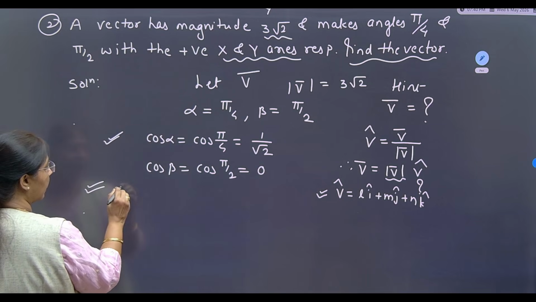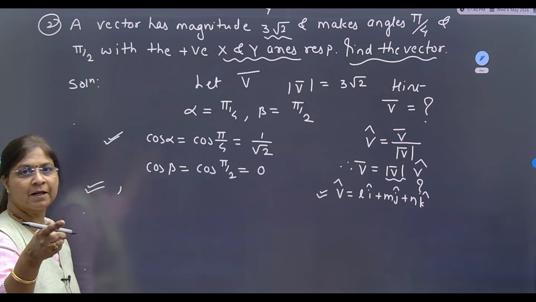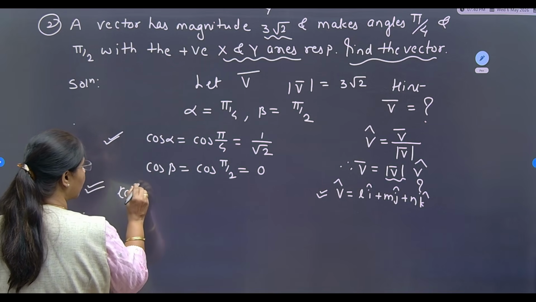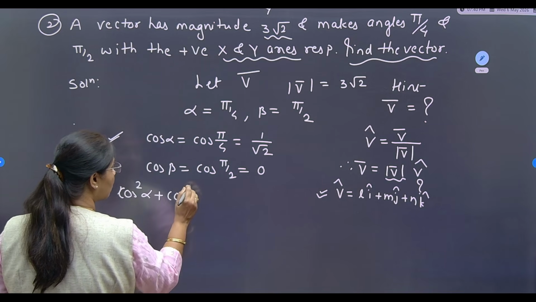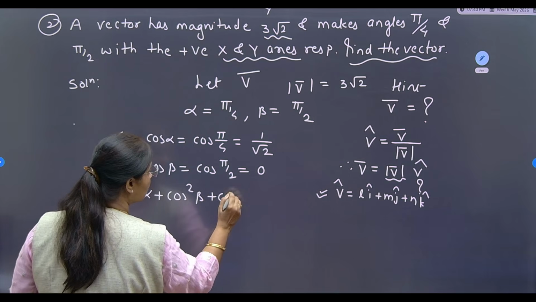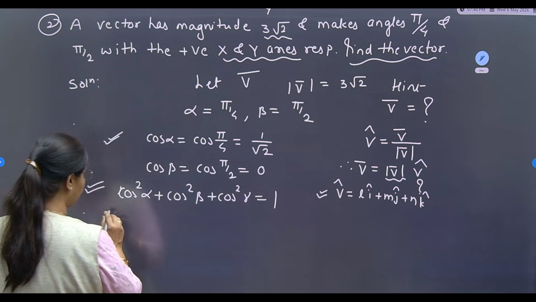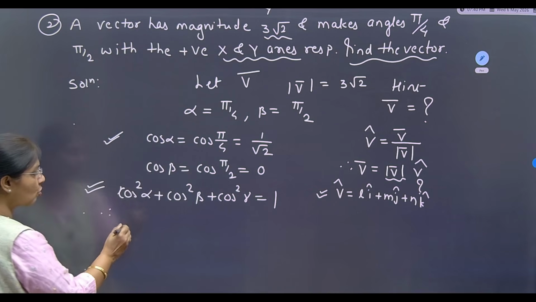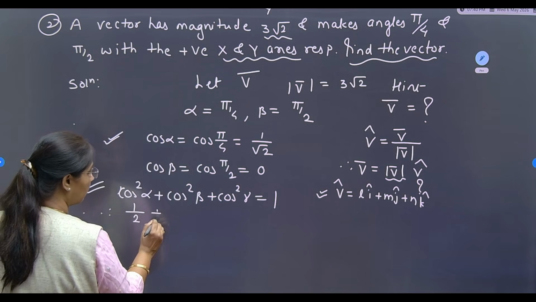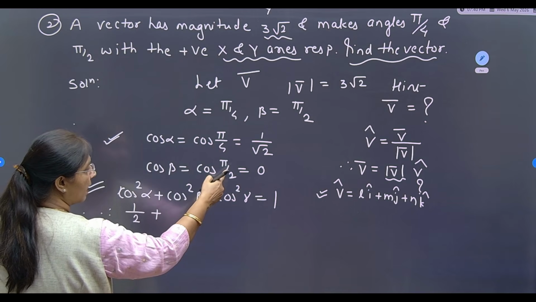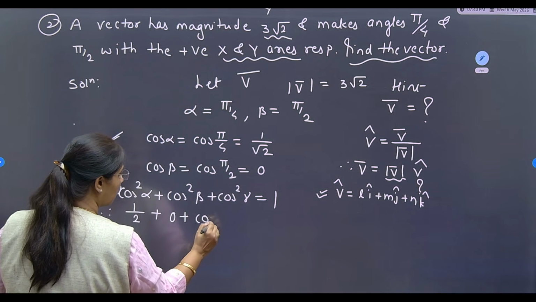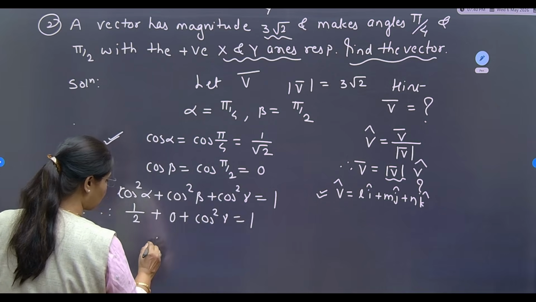Then we know that L square plus M square plus N square is equal to 1, that is cos square alpha plus cos square beta plus cos square gamma is equal to 1. Cos alpha is 1 by root 2, so 1 by root 2 square is 1 by 2, plus cos pi by 2 is 0, square 0, plus cos square gamma equals 1.